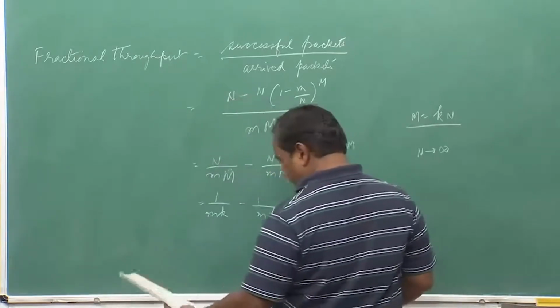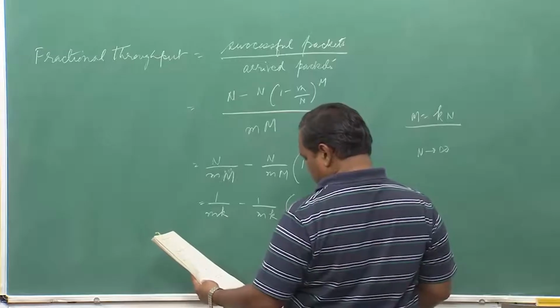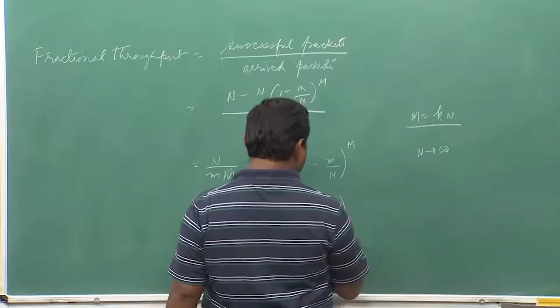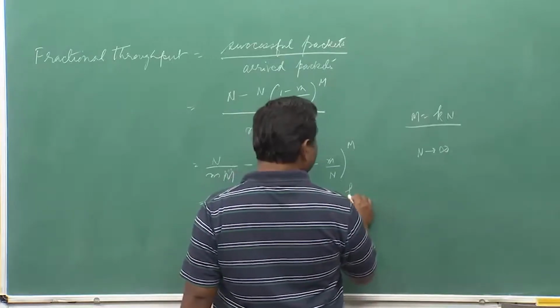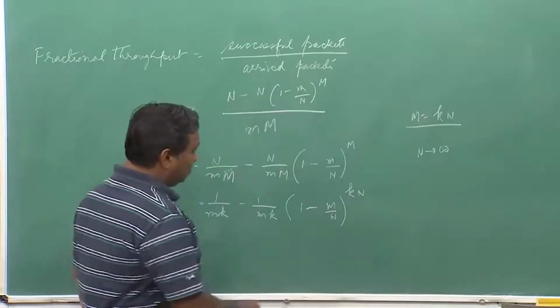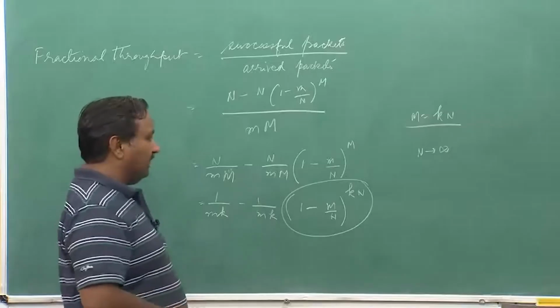So, I can define this as m by n. So, this particular part is going to change when I take n goes to infinity.